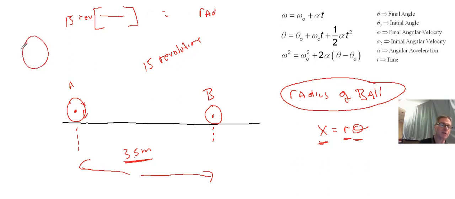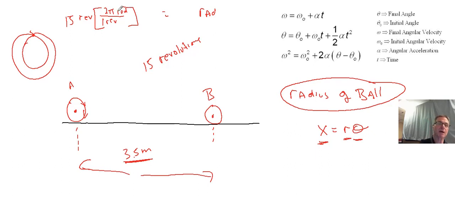If I have a round object here, and it revolves once from this point all the way to this point again, how many radians has it traveled through? It's traveled through 2 pi radians. So 1 revolution is equal to 2 pi radians. That's my equivalency.